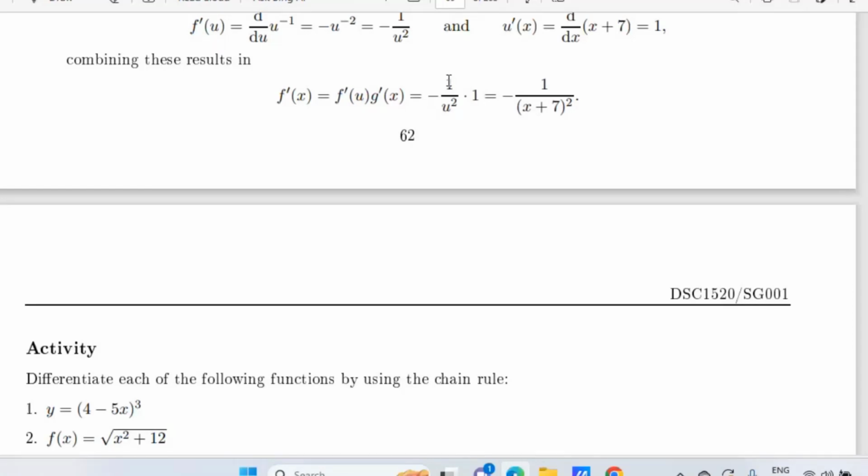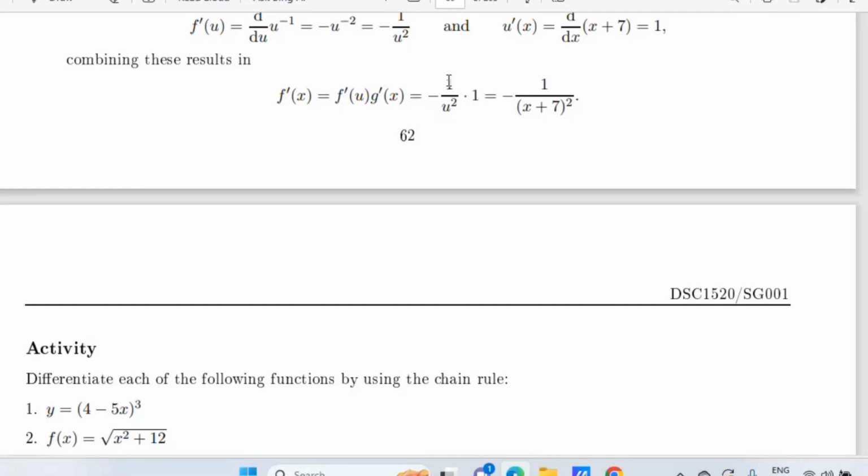Itumeleng. Oh, okay. We have got y, which is equal to f of x, which is equal to open bracket 4 minus 5x close bracket to the power 3.